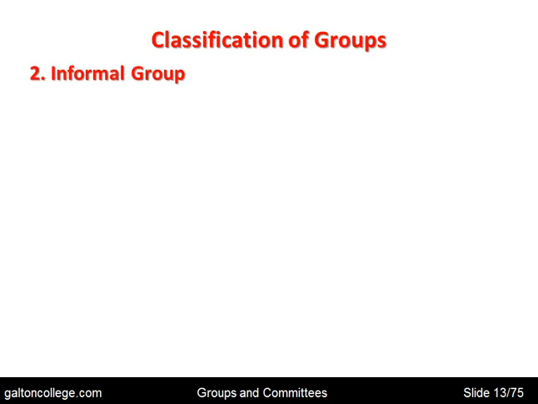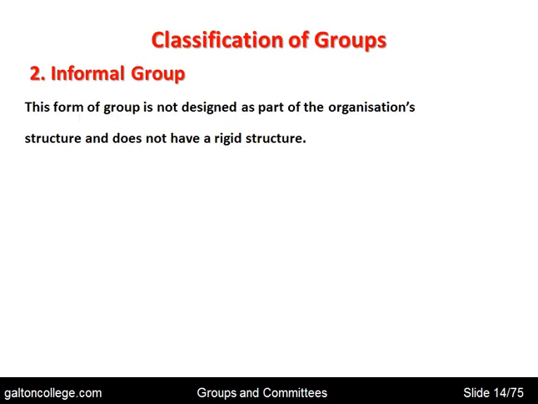Now the classification of groups, well, informal groups. We just looked at formal, well, we can have informal as well. This form of group is not designed as part of the organization's structure, it does not have a rigid structure itself. So an informal group is just a loose collection of individuals who meet and work on tasks which are perhaps not strictly required by the organization.